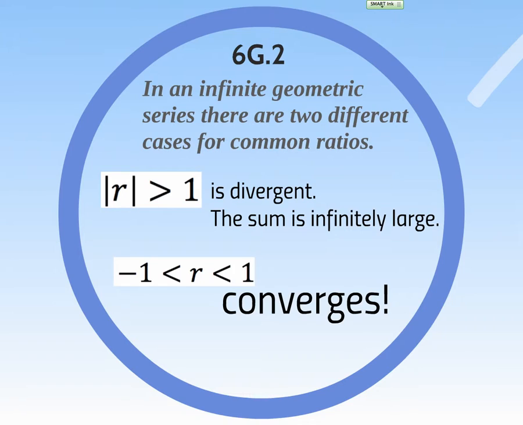It is going to get infinitely large, either infinitely large towards positive infinity or infinitely small towards negative infinity. It's not going to come to be a number. So if your common ratio is bigger than 1 or less than -1, then you can't actually do it. But if your common ratio is between -1 and 1, like on the previous examples we've done, our common ratio is -1/2, that would work.